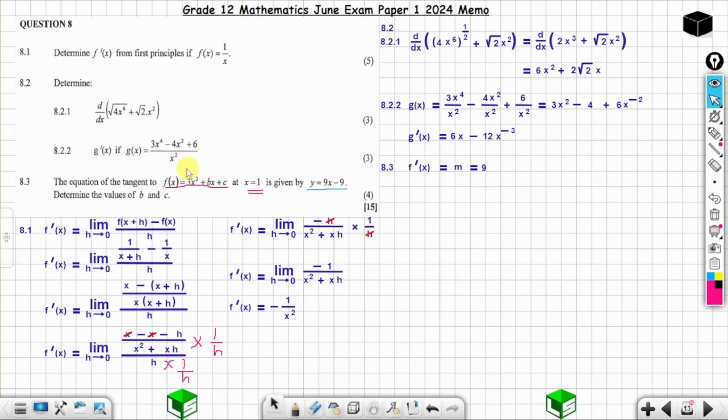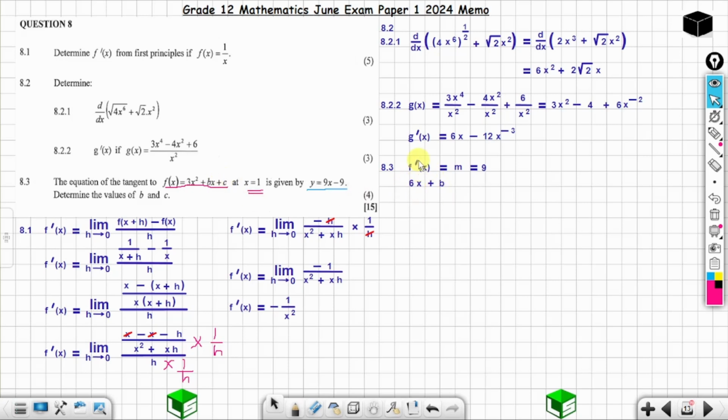Let's find f prime of x. So f prime of x, you are going to have 2 times 3, you have 6, x to the power of 1. You subtract 1 from the exponent, 6x, and then plus b, and then plus 0. This is a constant.